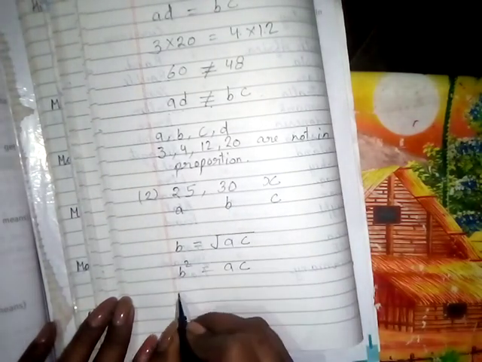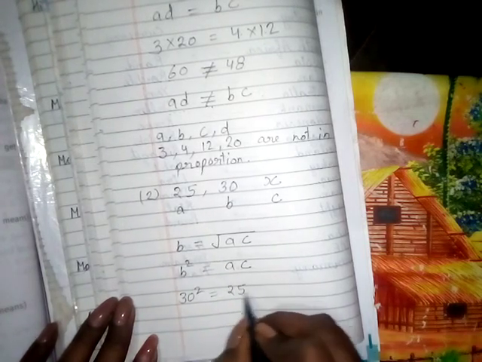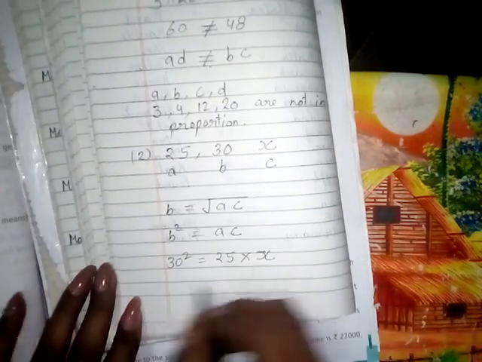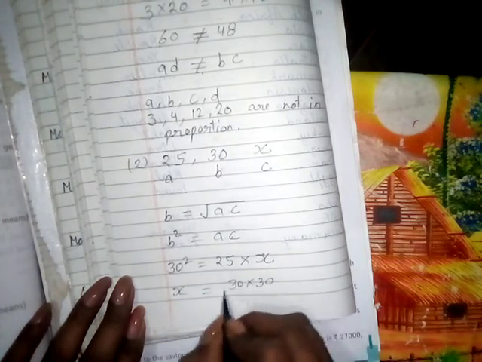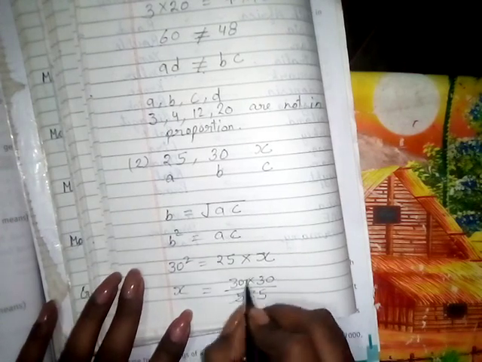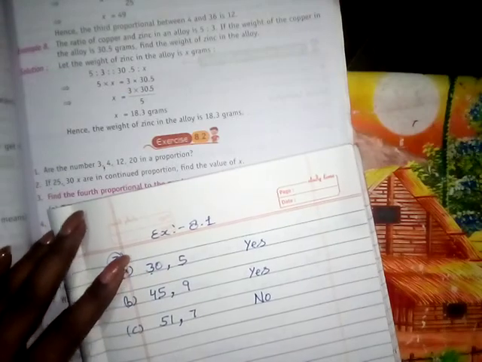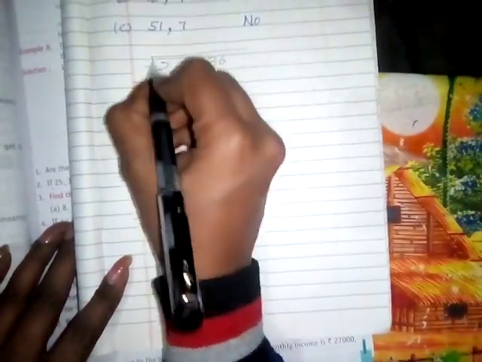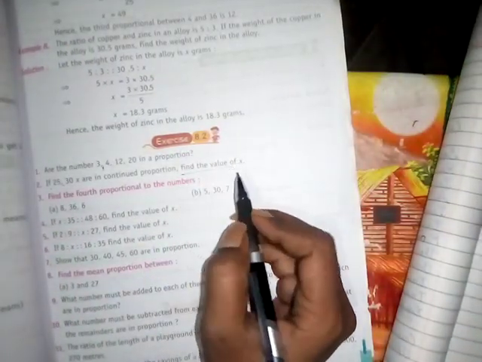So the value of B is 30, square of 30 equals 25 times C, and here what is the value of C? It is x. So we will write x equals 30 multiply 30 upon 25. We divide by 5: 5 fives are 25, 5 sixes are 30. So here the value of x will be 36. Clear? So we have found the value of x, 36.